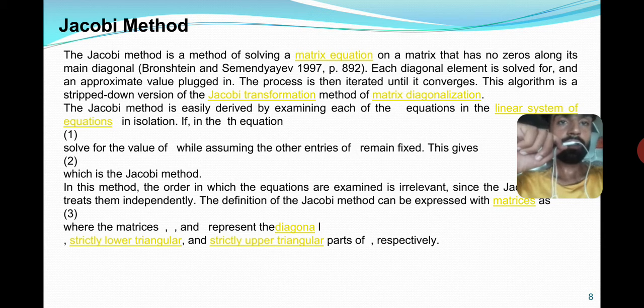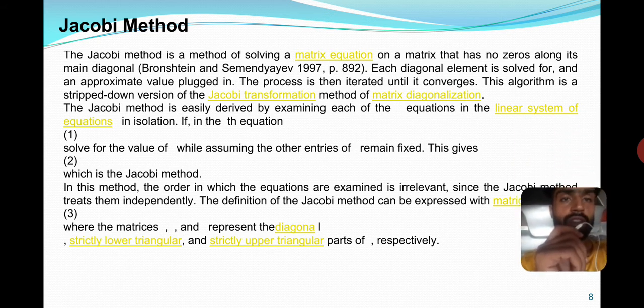The algorithm is a stripped-down version of the Jacobi transformation method of matrix diagonalization. The Jacobi method is easily derived by examining each of the equations in the linear system of equations in isolation. If the equation is solved for the value while assuming the other entries remain fixed, it gives the following.